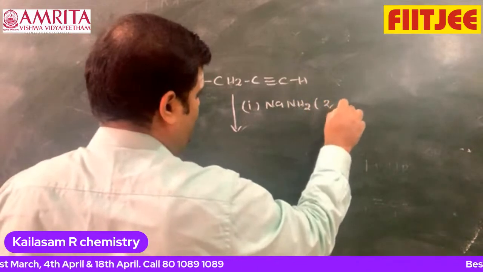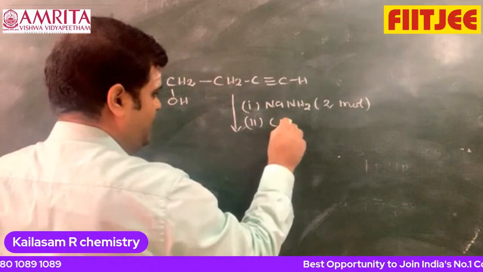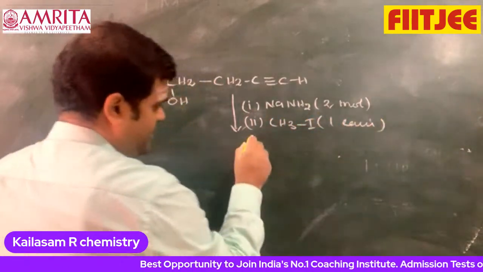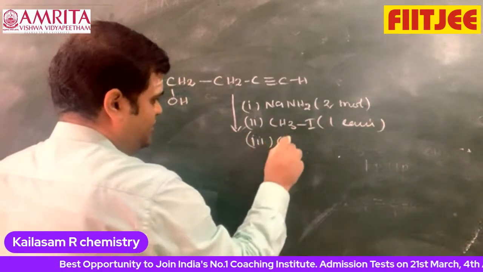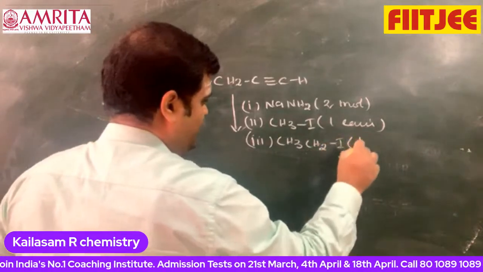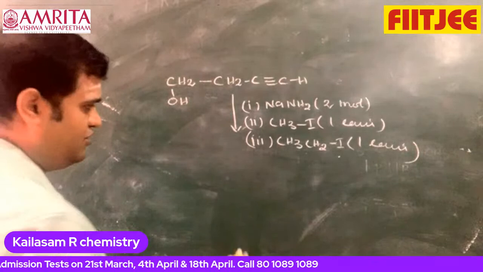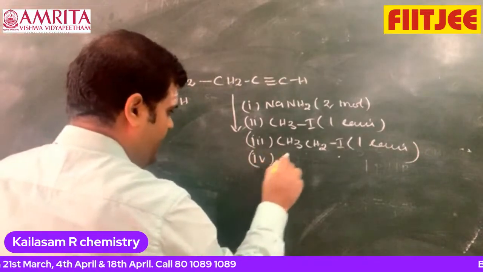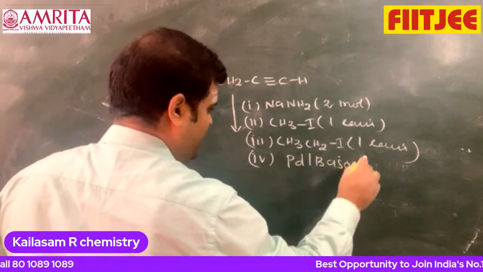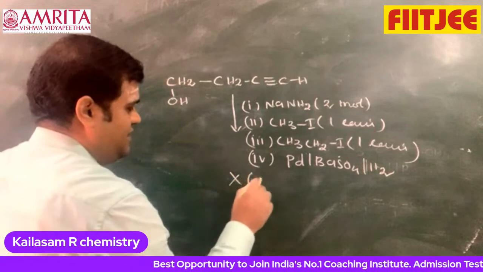You can go with two more. Second will be CH3I, 1 equivalent. And third will be CH3CH2I, 1 equivalent. And the last, fourth one, will be palladium, barium sulfate, H2. I can give X as a major product.